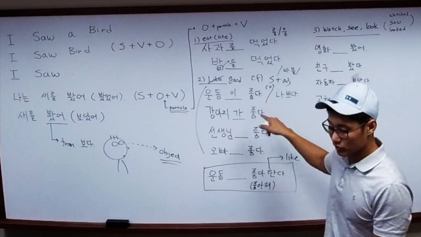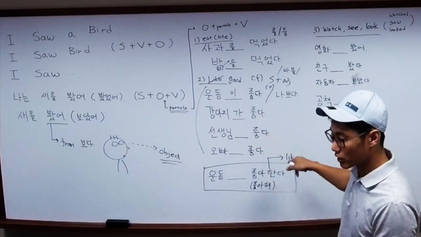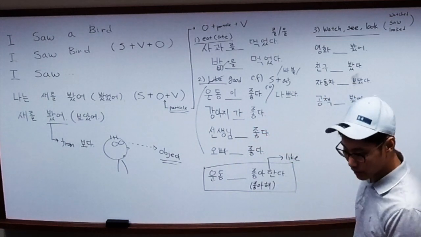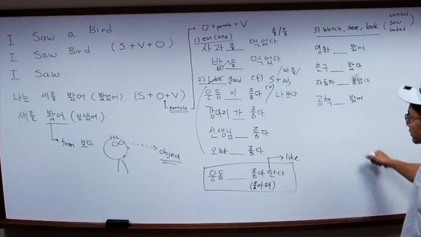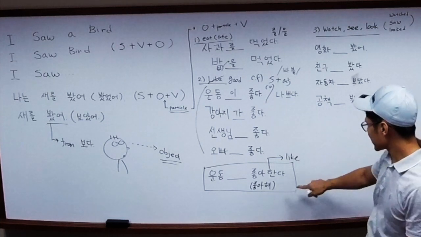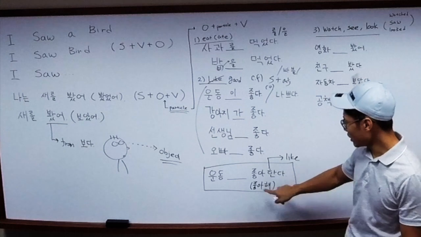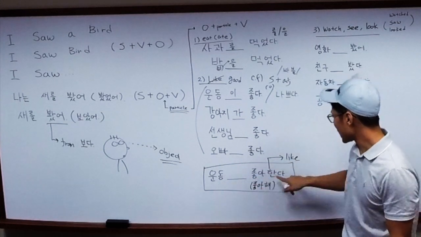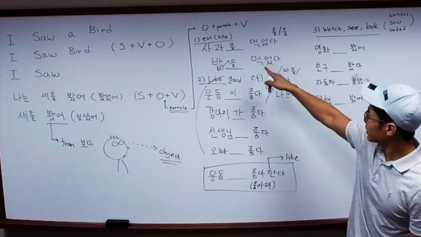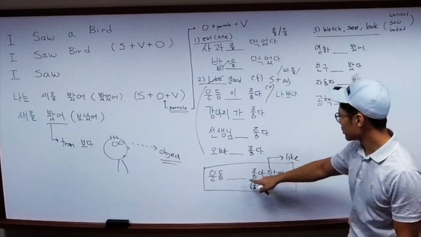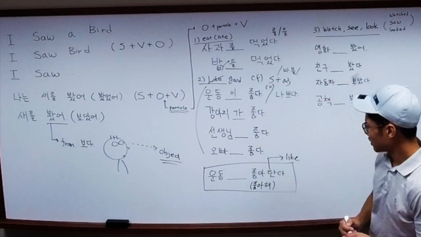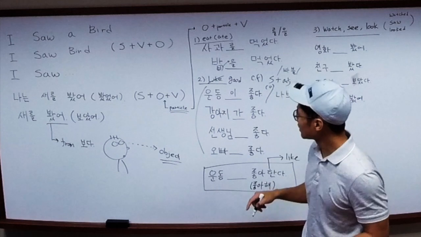But we're going to get back to this in the next class, because we're going to go with the subject plus verb form. For now we need to stick with this form right here. 운동 is the object, 좋아한다 is the number one format right there. So you have to put the 받침 here, right?